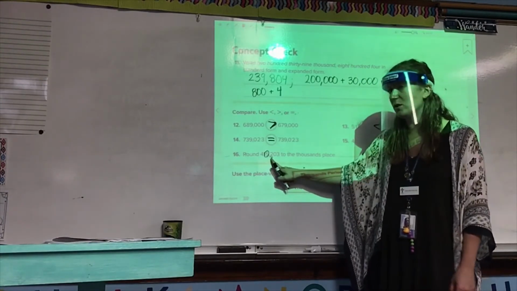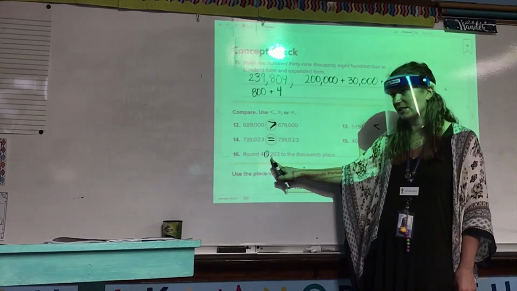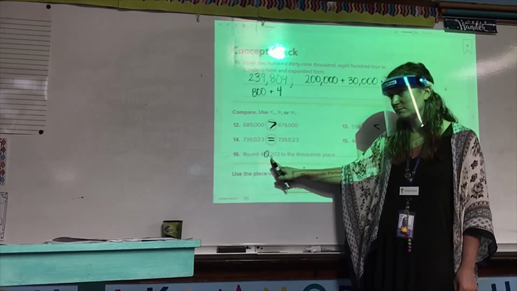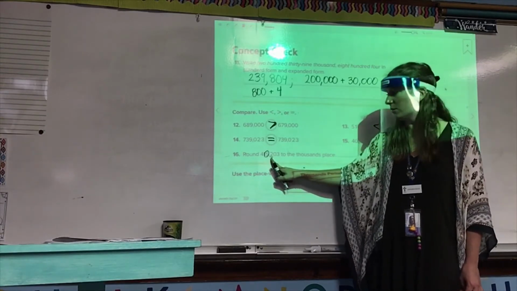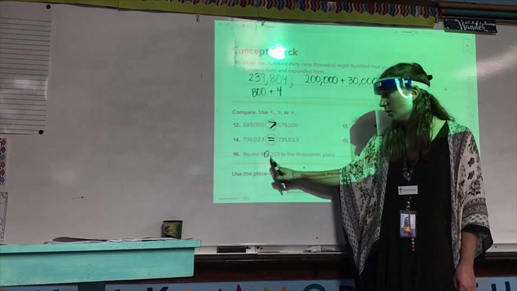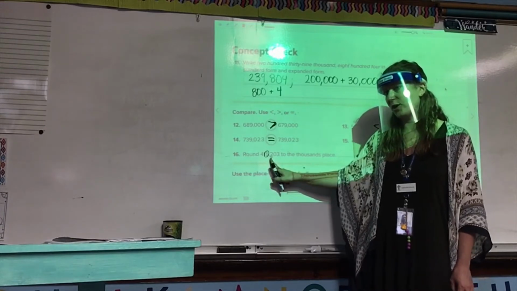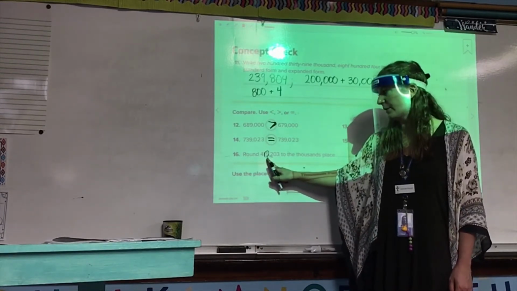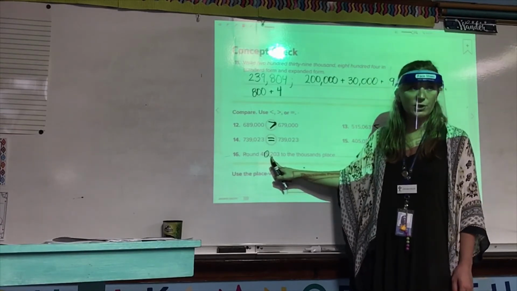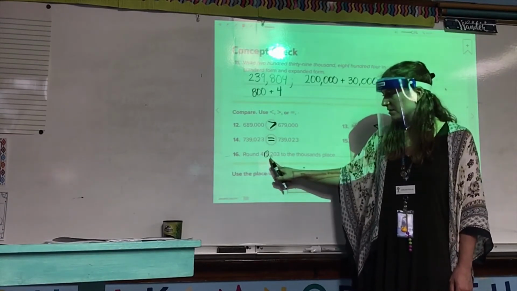If it's 5 or more, we add 1 to the circled digit. What happens if the underlined digit is 4 or less? We add 0 to the circled digit.